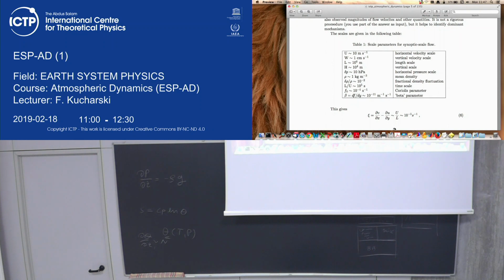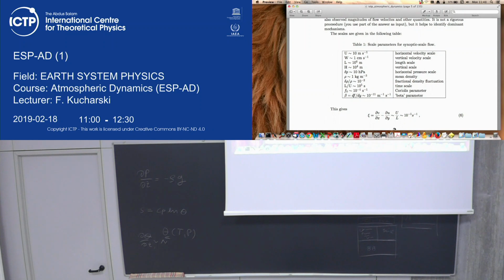There are interactions between the stratosphere and the troposphere which are very relevant for all kinds of dynamical things, also for extended range predictions and things like this. But to a first order, let's say we can restrict our consideration to the troposphere for our analytic analysis, if we want to.